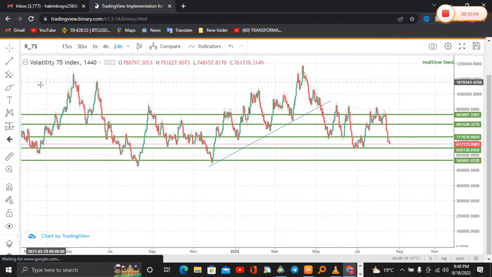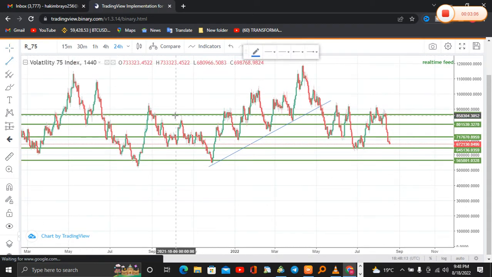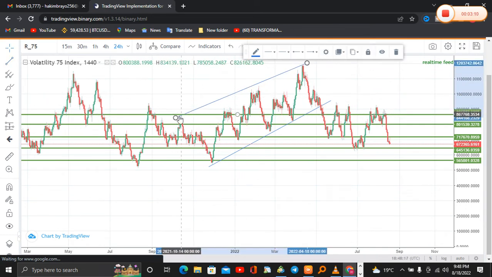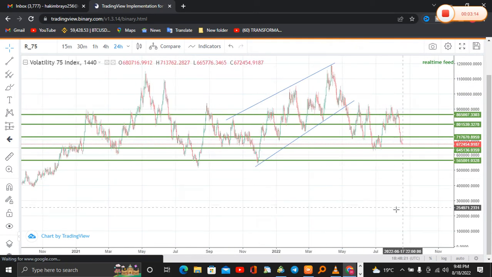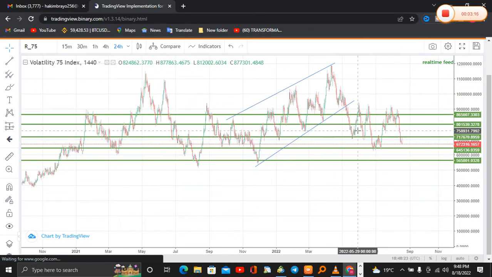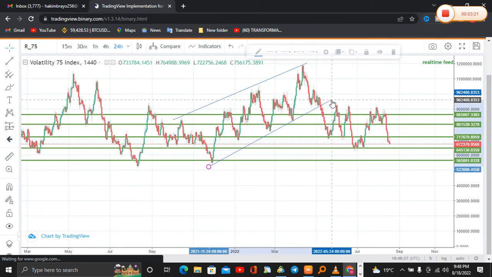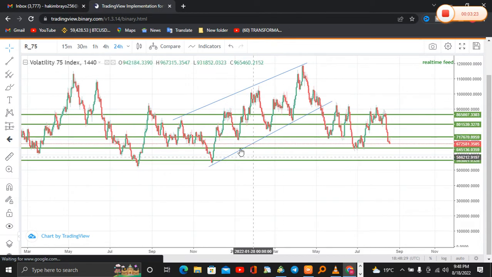Now if I also try connecting these higher highs, these are the recent higher highs. The market made this rising wedge, broke this support level, or support trend line of ours. It dropped all the way to the downside.